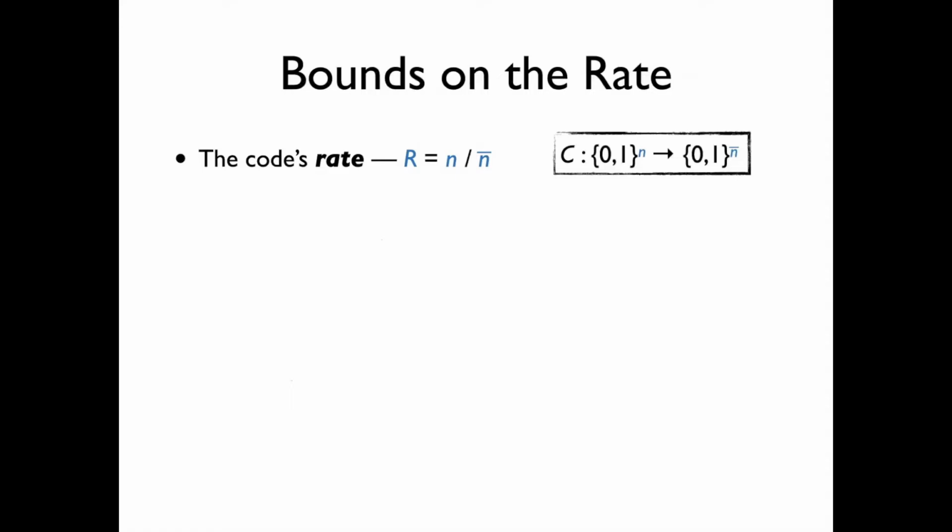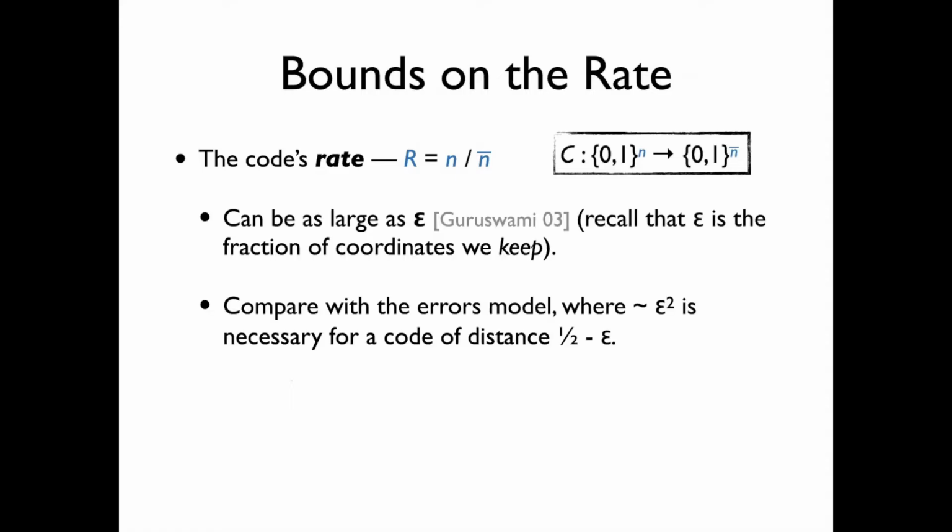Okay, so what about bounds on the rate? So the rate can be as large as epsilon, and recall that epsilon is the fraction of coordinates we keep. And we can compare it to the errors model, where epsilon squared is necessary for a code of distance half minus epsilon. And it makes sense to consider 1 minus epsilon in the erasures model, versus half minus epsilon in the errors model.